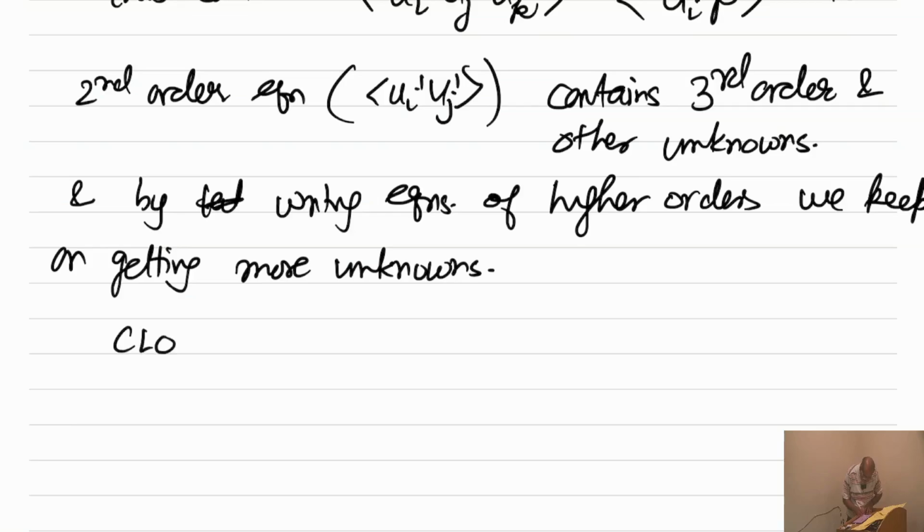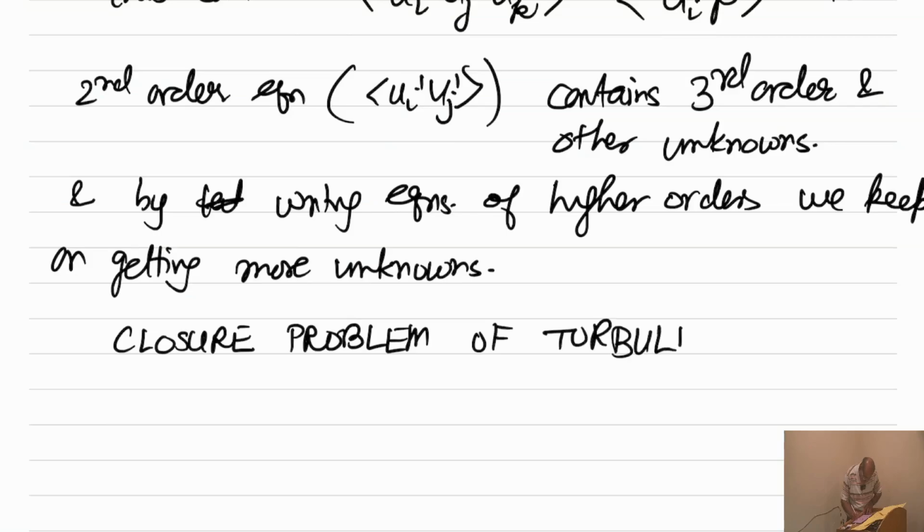And this is what we call the closure problem of turbulence. You may keep on obtaining equations for higher order quantities, but you will never be able to close the set of equations.